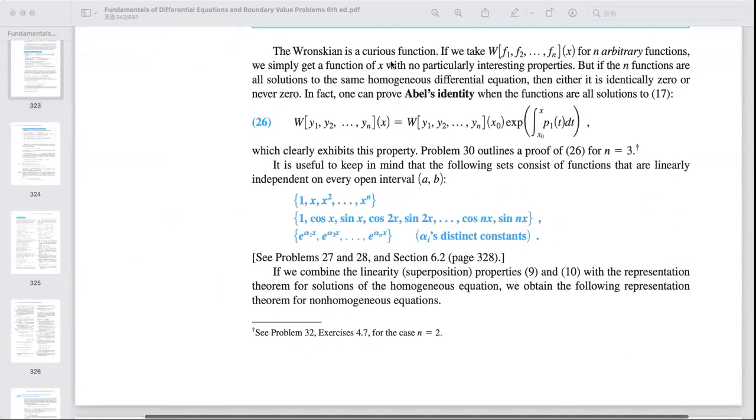This set here: e^(α1 x), e^(α2 x), ..., e^(αn x). As long as all the alphas are distinct constants, meaning they are different from each other, then this forms a linearly independent function set.